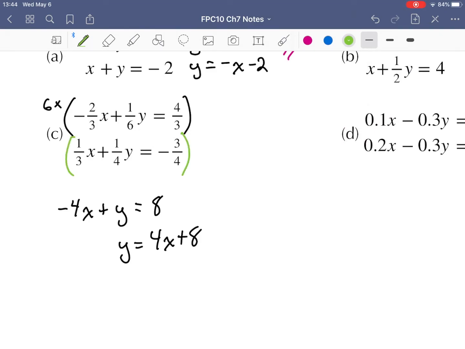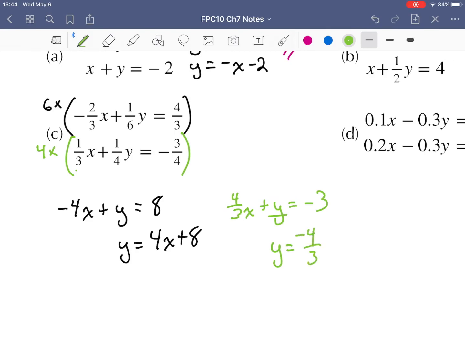Now for my second one, I'm going to do this one in a different color, this green. I take everything in this equation and multiply it all by 4. And I'm going to get 4/3 x plus y equals -3.